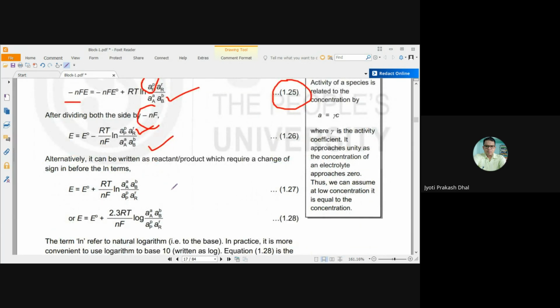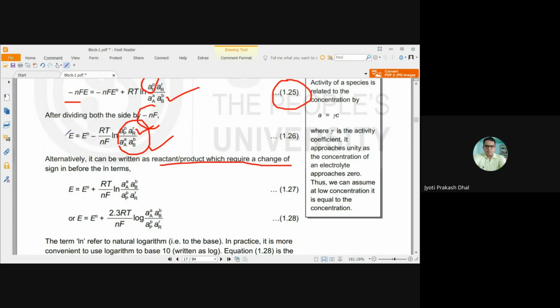Alternatively, it can be written as reactant product with a required charge. So here capital P, capital R are the products, and capital A, capital B are the reactants. Alternatively, if we just exchange the denominator and the numerator, the negative sign will vanish and become positive.